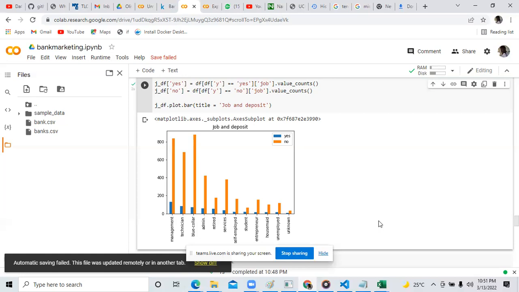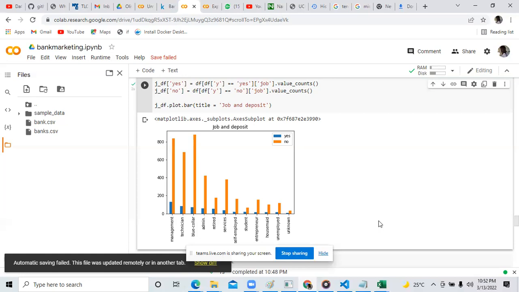We have more people because we have more people in management, and then admin don't.